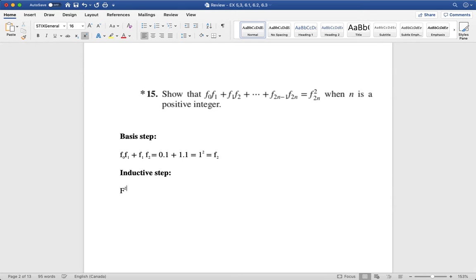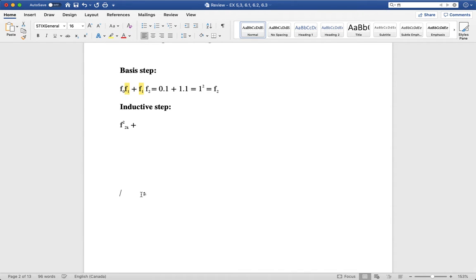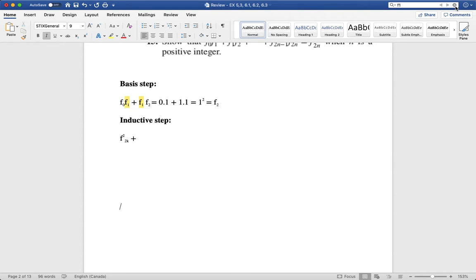So f squared 2k plus f2k f2k plus 1, and then plus f2k plus 1 f2k plus 2.